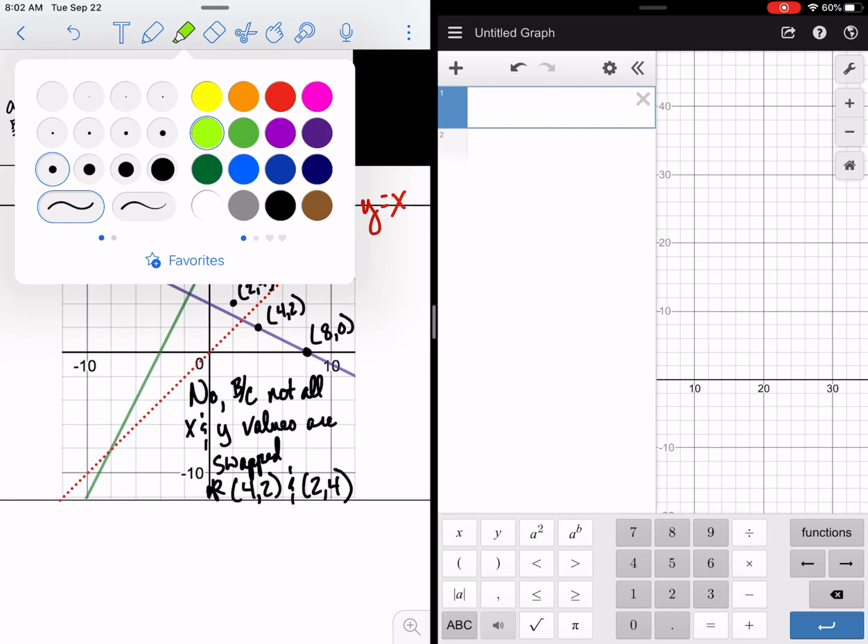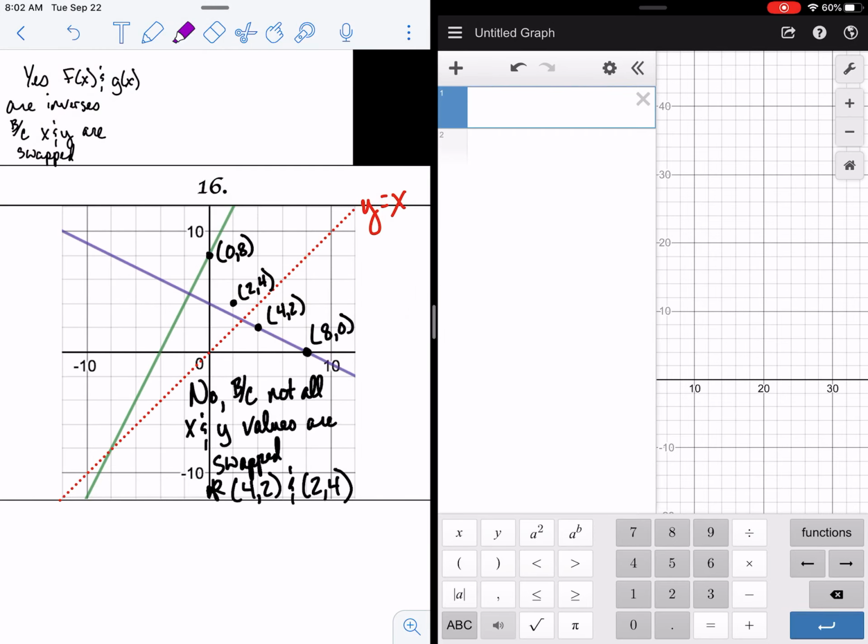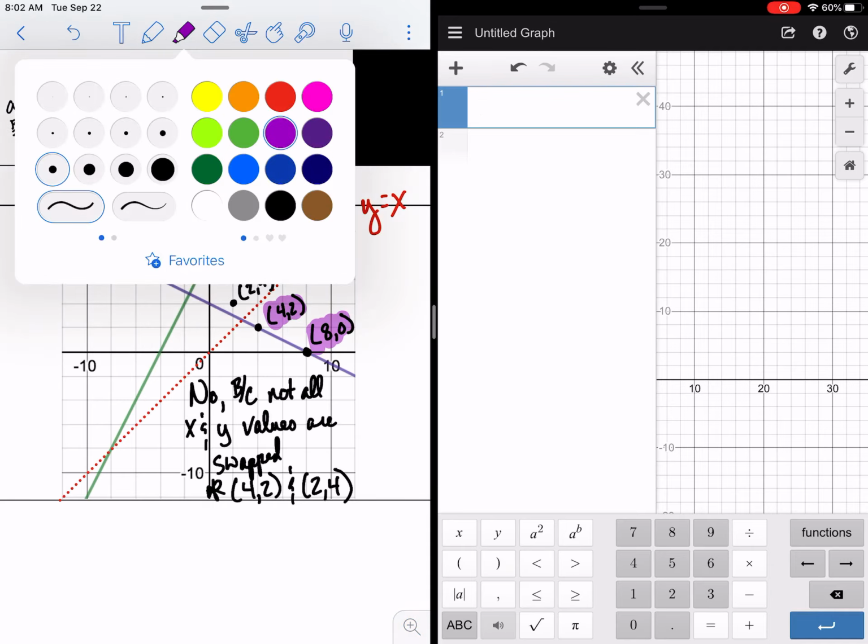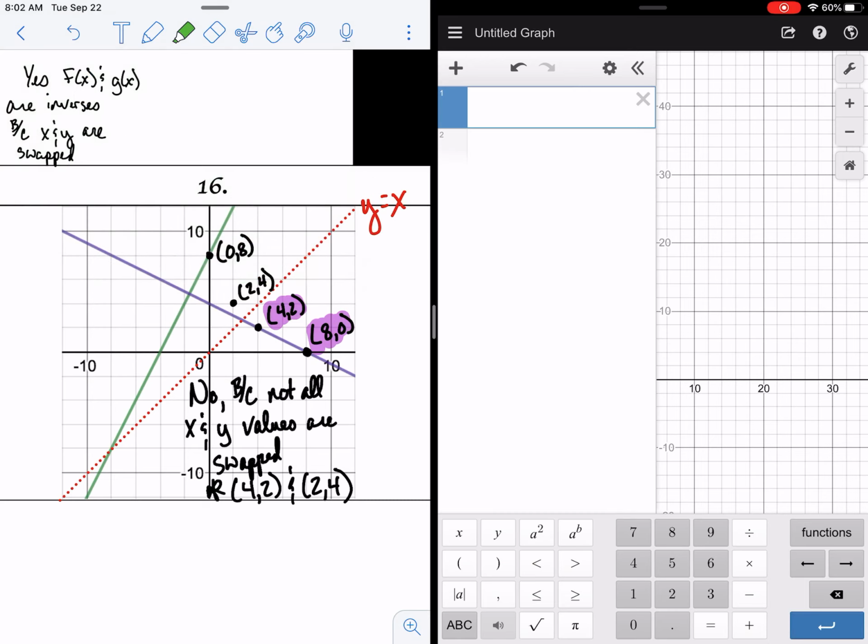Okay, so I'm going to come in here and actually highlight. So the purple was 8, 0. And I had green, 0, 8 was good, but 2, 4 was not on a green graph. And again, once you get to 1 point, the answer choice is wrong.